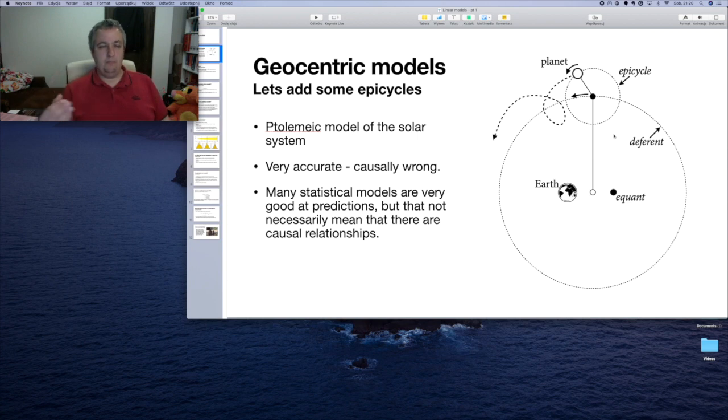Using modern mathematics, you could express that you have a periodic orbit that you are observing, a periodic movement, and adding epicycles is really equivalent to extending the representation of this movement with a Fourier series, which is a very good method of approximating periodic functions. So the idea wasn't completely without merit, but it doesn't express the causal relationship. It only gives you the predictive power.